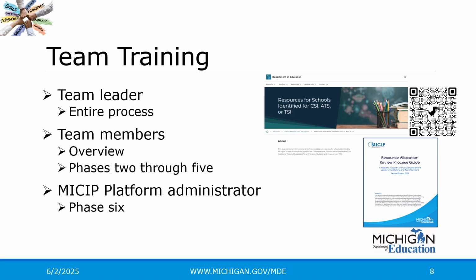For team members engaging in the inquiry or study of resource allocation and use, it is recommended that they read the materials and view the videos for the overview in Phase 2 through 5. Finally, the individual or individuals responsible for entering information into the MyKIP platform should read through the Phase 6 materials and view the corresponding training video.